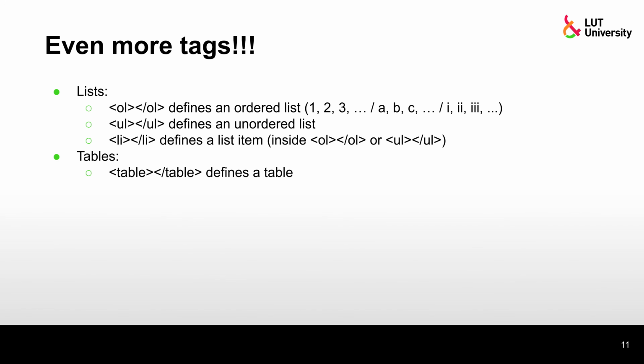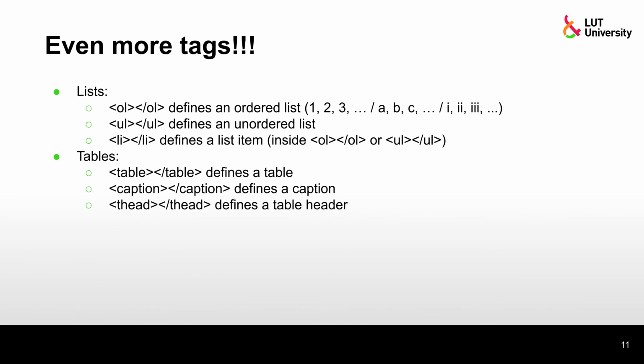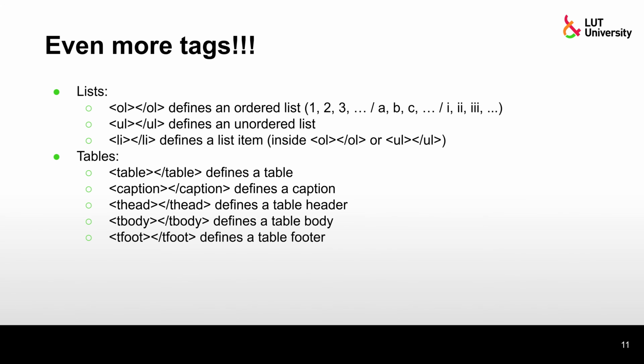So a table element defines the actual table. Then we can have a caption in this table. And then there's table header, T-head, and T-body that defines the actual table body, and T-foot that defines the table footer.